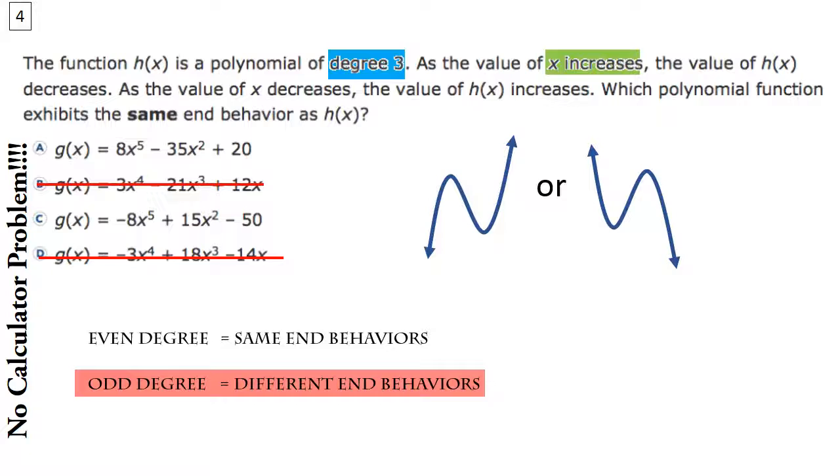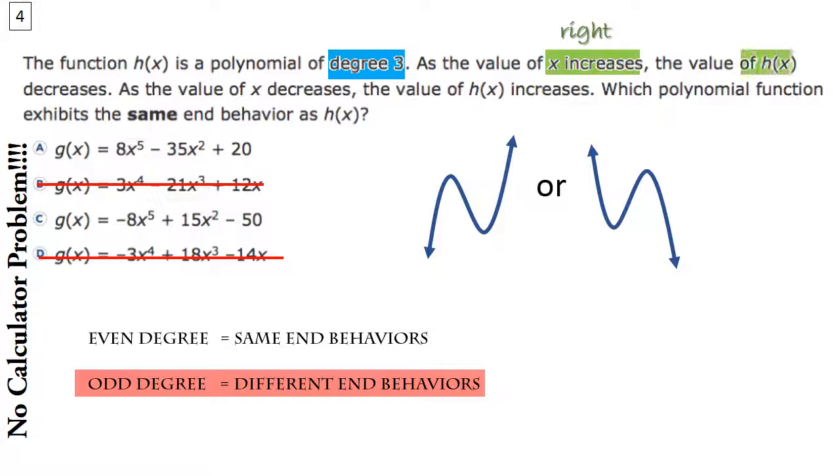Specifically, the second sentence says, as the value of x increases, the value of h of x decreases. Well, if x increases, what does that mean? Well, that means x is getting bigger. Since x moves left to right, bigger x values are on the right side, so that means we're talking about the right-end behavior. Well, on the right side, the value of h of x decreases.